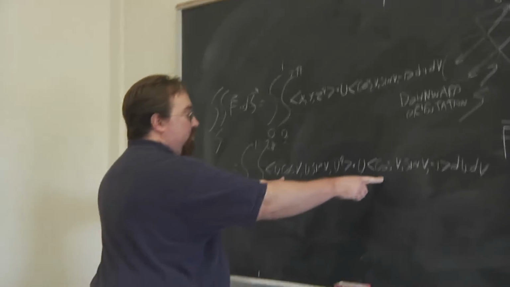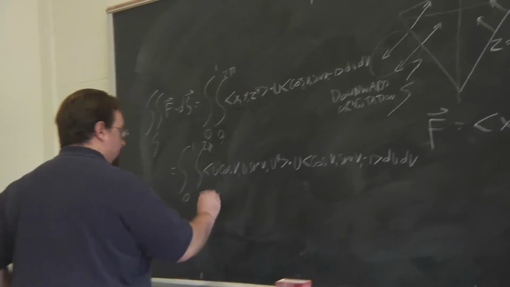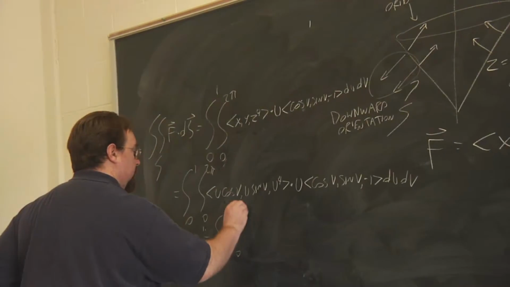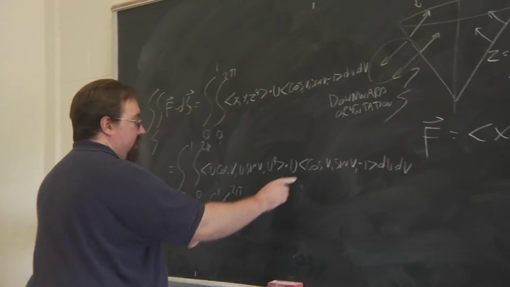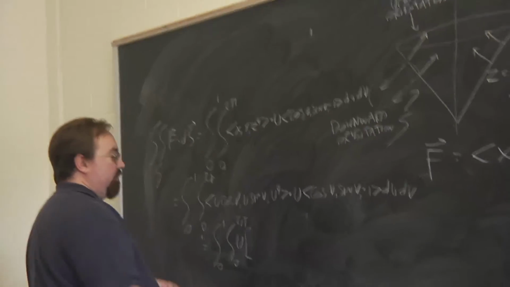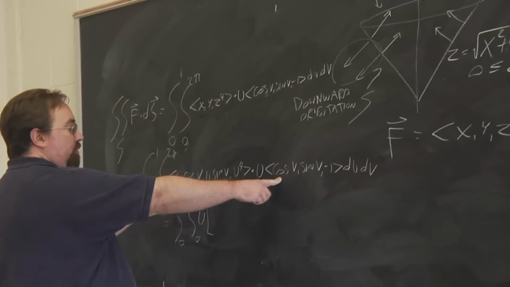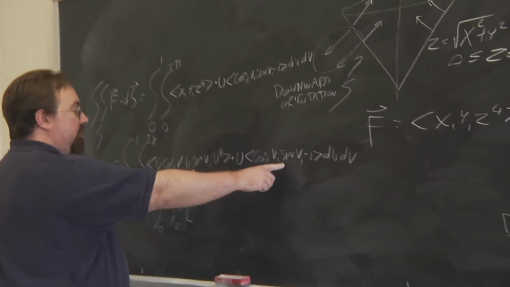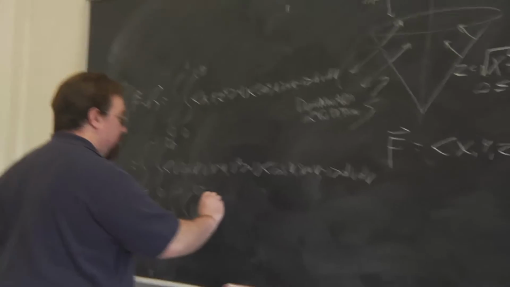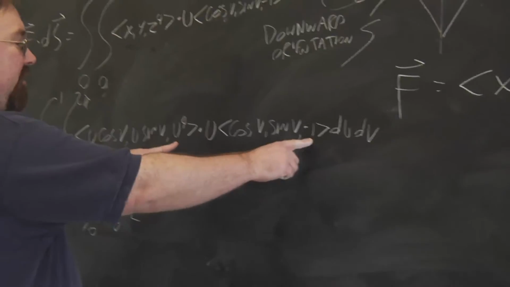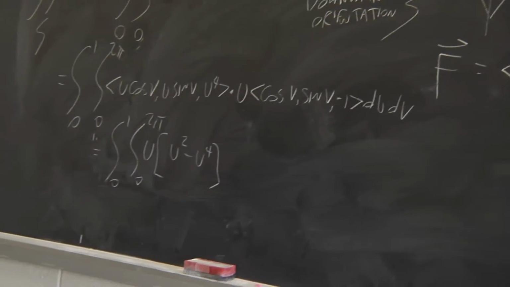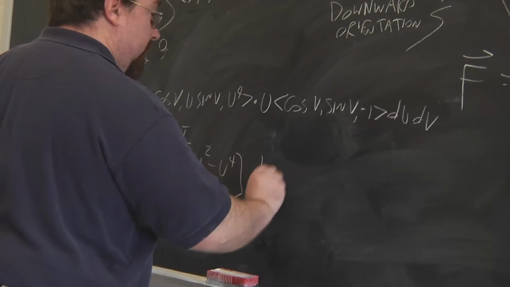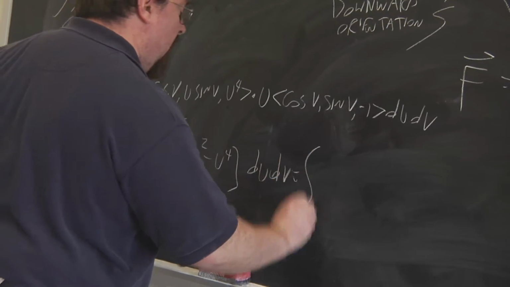So we work out the dot product. We have a u sitting out here, and then I'll work out everything else. U cosine squared v plus u sine squared v, that's going to be u squared, minus u to the fourth, du dv.